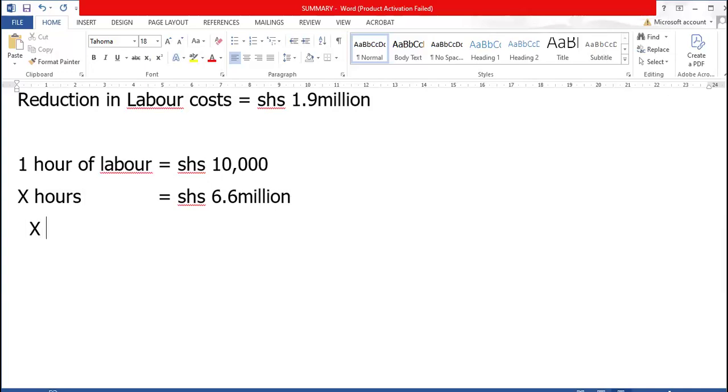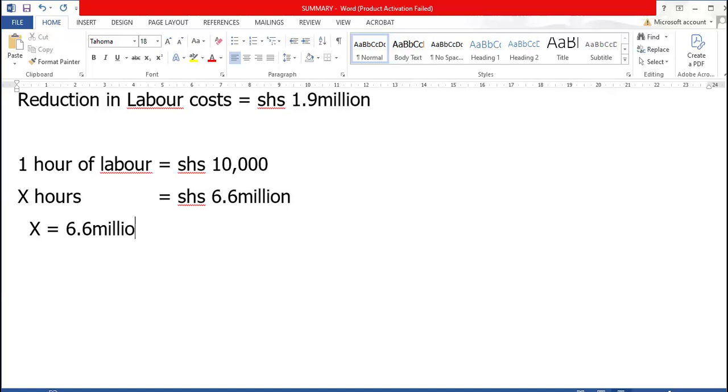So your x will be... when I use x, most people get lost. That's why sometimes I tend to avoid the x. But we need the total hours in this amount of money. So you will get 6.6 million.